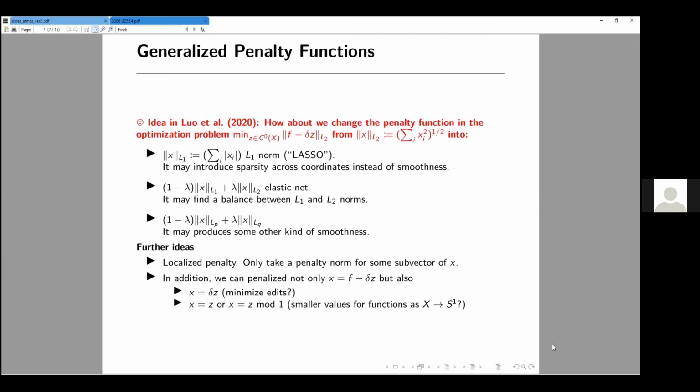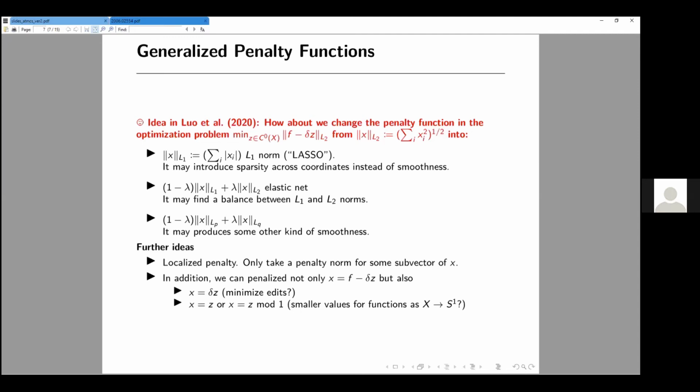For example, we can consider L1 penalty instead of L2 penalty, which might be able to accommodate the sparsity in the data set. And also, we might be able to figure out how the elastic net norm will behave on the circular coordinate functions. Further ideas will include a localized penalty and also potentially some minimized edges. However, in this paper, we focus on L1 penalty and elastic net.